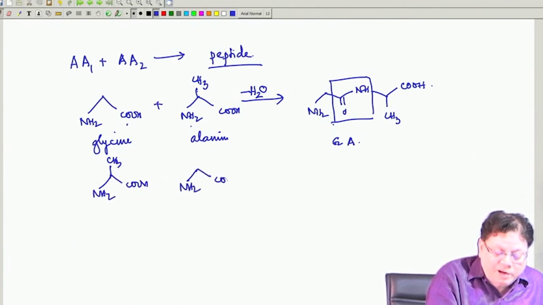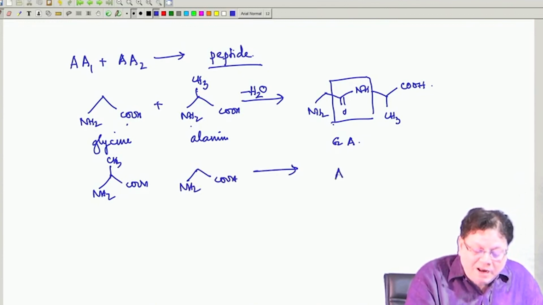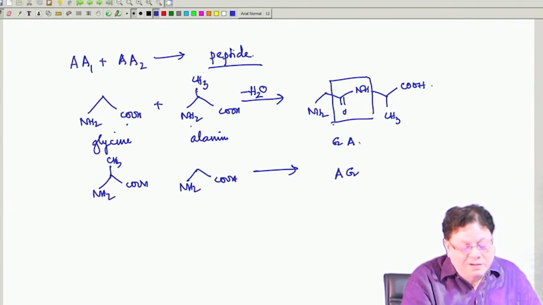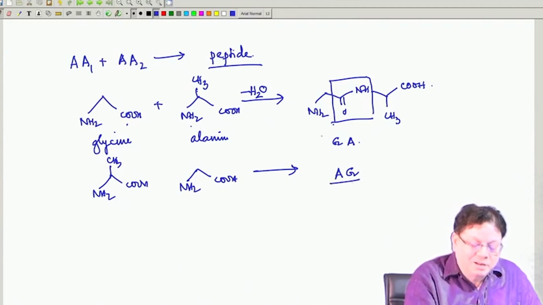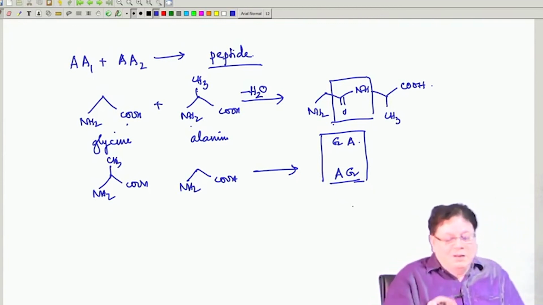That could be the other way around. Okay. Then you get what is called alanyl glycine. This is glycyl alanine, this is alanyl glycine. So, 2 amino acids can react to make 2 different peptides.